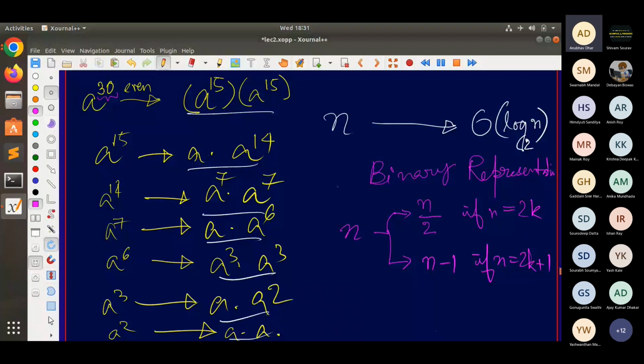So this corresponds to decreasing the length of the binary representation of n by just one digit, and this represents changing the least significant bit of n from 1 to 0.